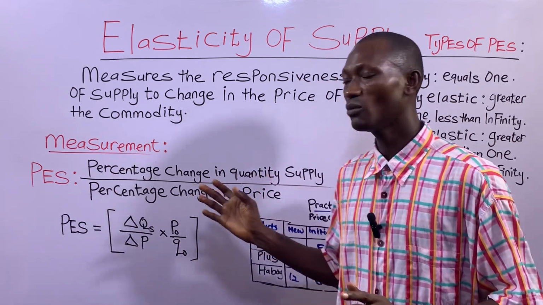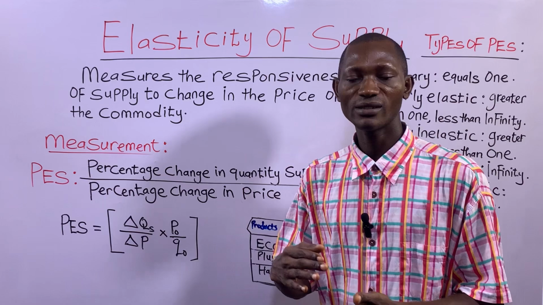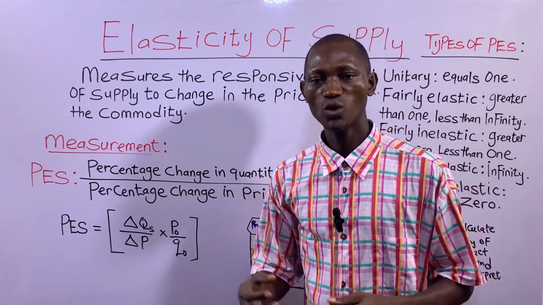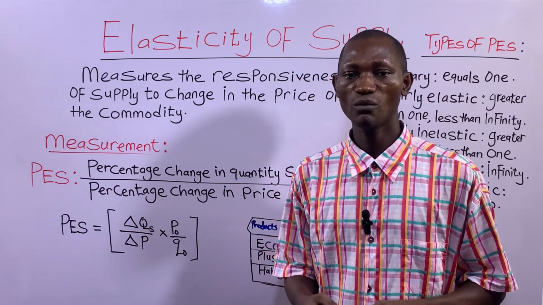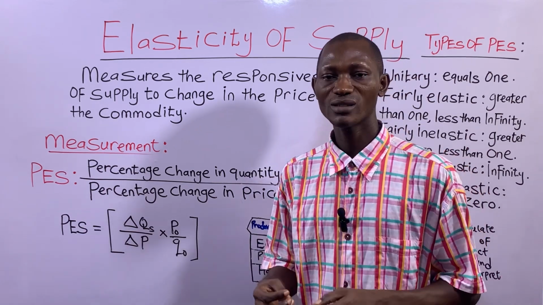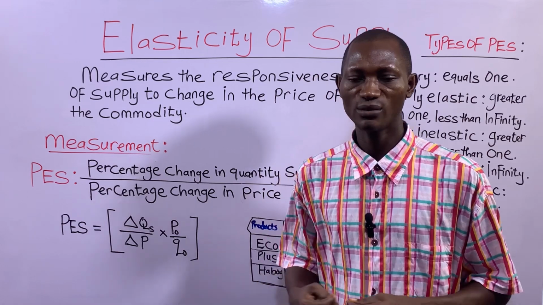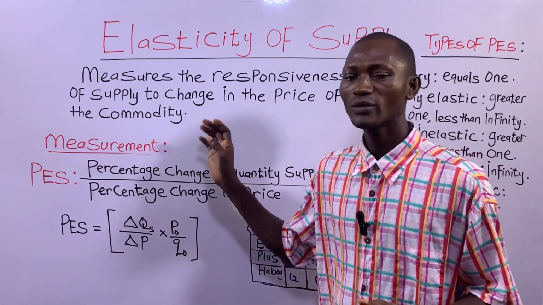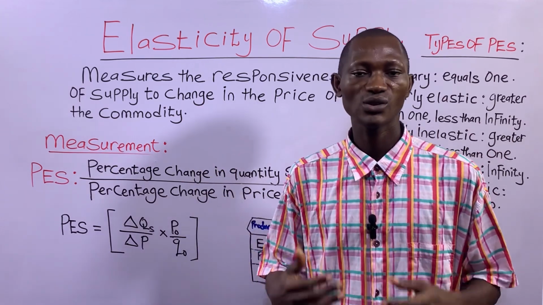When prices rise, the quantity supplied rises, and when the price of a commodity falls, the quantity supplied also falls. Ceteris paribus, all things being equal. So that's how price affects the quantity supplied.